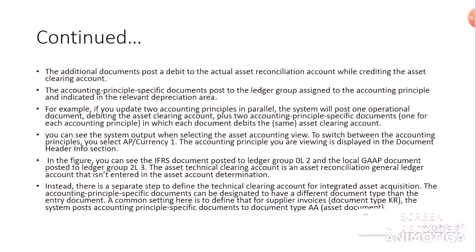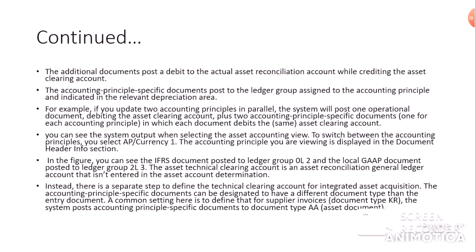Okay, the additional documents post a debit to the actual asset reconciliation account while crediting the asset clearing account. We will normally debit the asset. Here it is the asset reconciliation account, and we are crediting the asset clearing account.